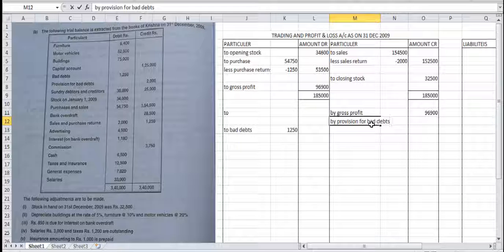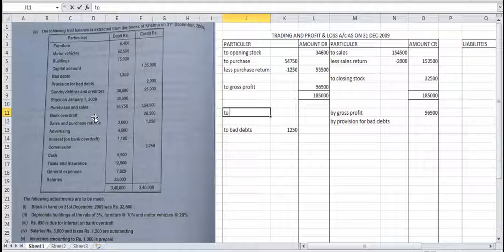Provision for bad debts means some of the persons whom we have trust that they can pay. Otherwise, a provision is a sum of amount kept aside to meet future contingencies, means future bad debts. That's why. Sundry debtors is an asset, stock we have taken, purchase, bank overdraft is a liability, sale and purchase we have taken.